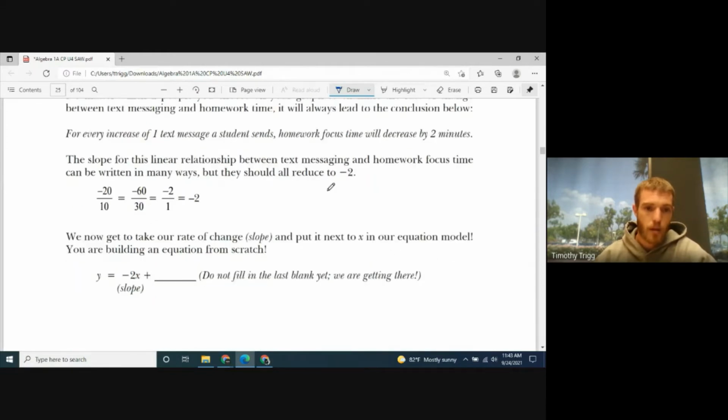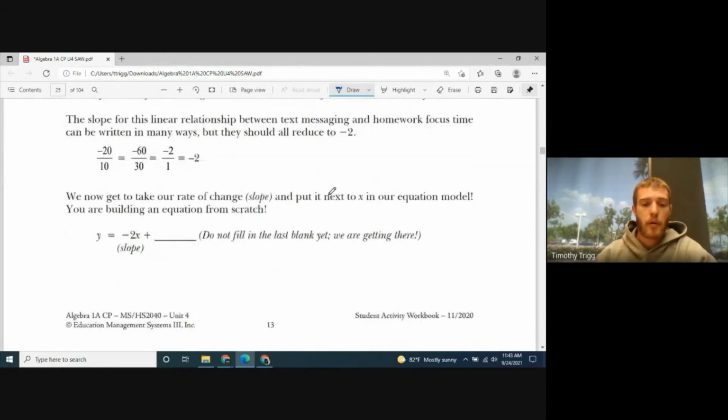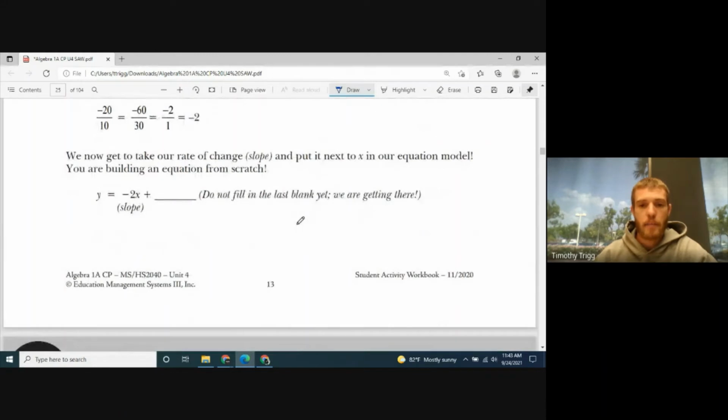Now, do you remember I said the equation was y equals mx plus b? The m is the slope, and in our case that slope is -2, which we already got.